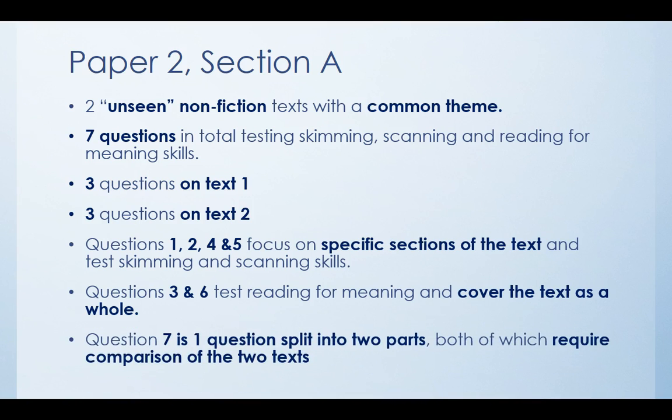The final question on the paper, question 7, is 1 question, but it is split into 2 parts. Both of those parts require a comparison of the 2 texts, and you are expected to deal with the 2 texts equally when you're answering both 7A and 7B, and we'll come on to that later in the session.